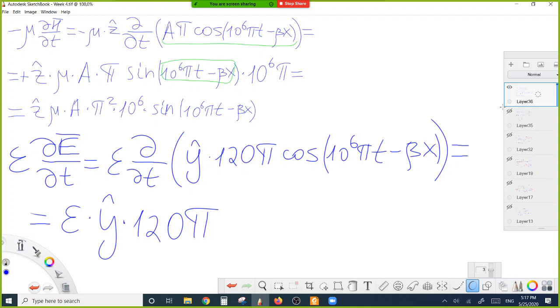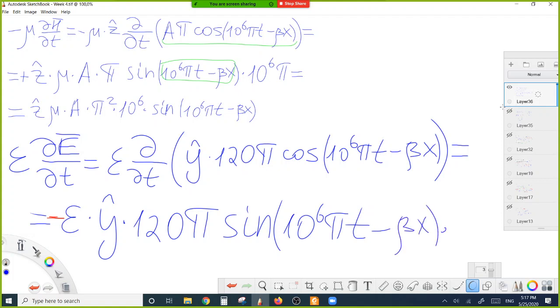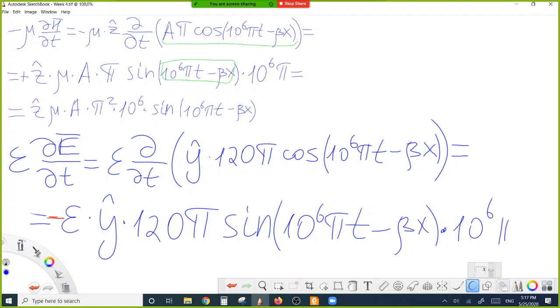The derivative of cosine is minus sine, that's why here we put minus. So minus sine(10^6 pt minus beta x) multiplied by 10^6 p.